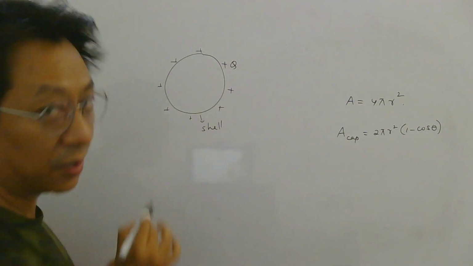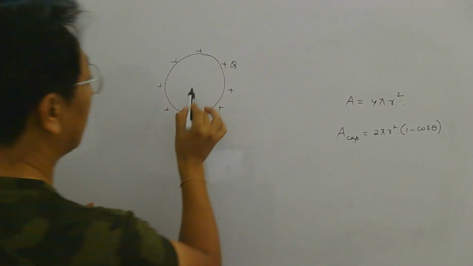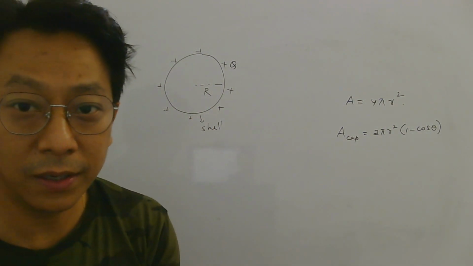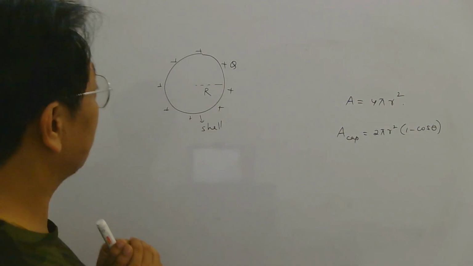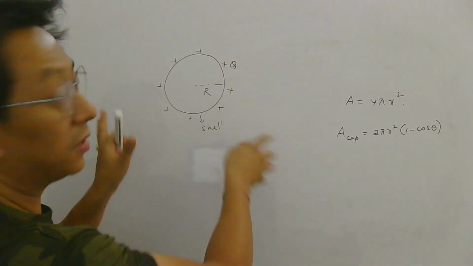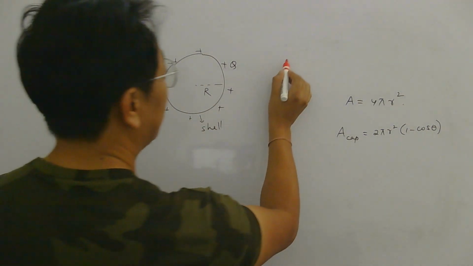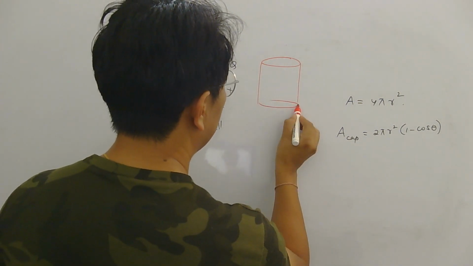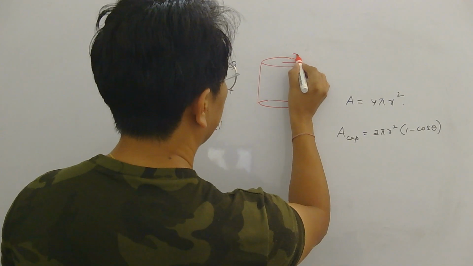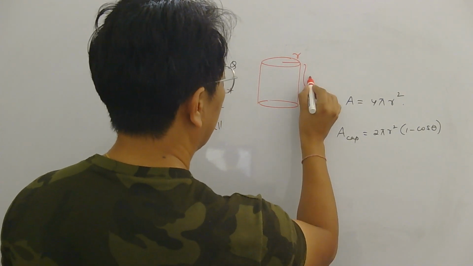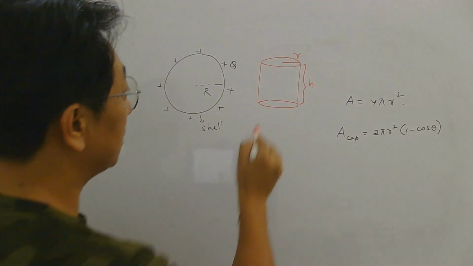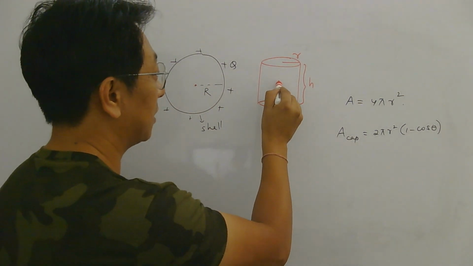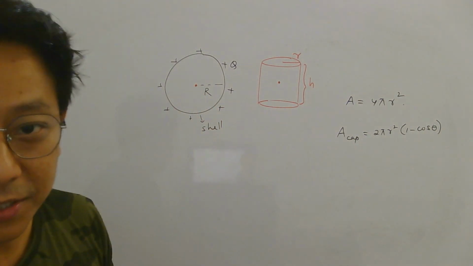Total charge is capital Q, uniformly distributed, and the radius of this is capital R. Now they want the electric flux of the electric field created by this charge through a cylinder, and the cylinder radius they have given as small r and height as h, and they told us the center of this coincides with this. Center of the cylinder coincides with the center of the shell.